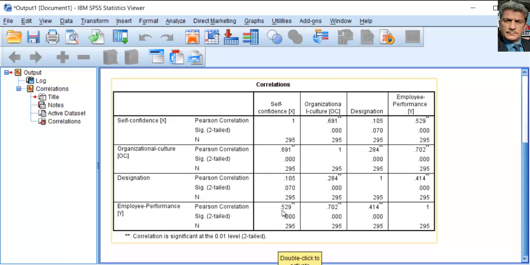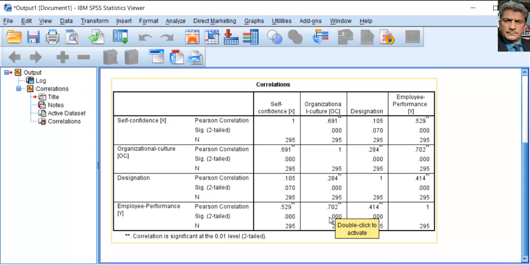In this coordinate, we can see that the R value of association between self-confidence and employee performance is 0.529, which is a huge R score, and more importantly, it is significant because the p-value is falling at 0.000, which is far less than the required threshold or critical value of 0.05.